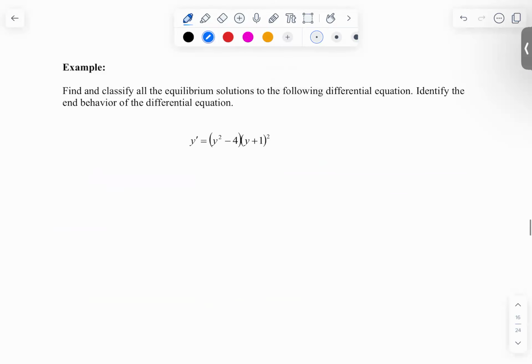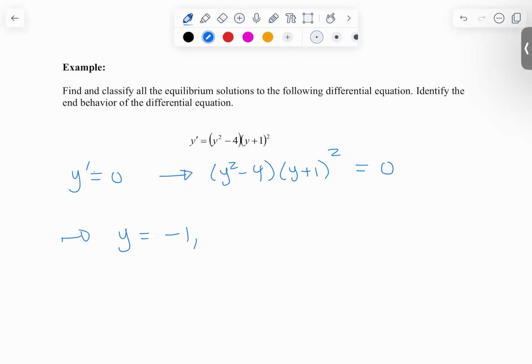All right, let's do just one more of those. Once again, set our derivative equal to 0. Let's see, y equals -2, -1, and 2.